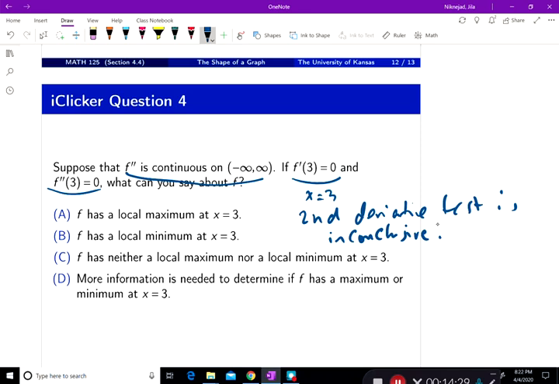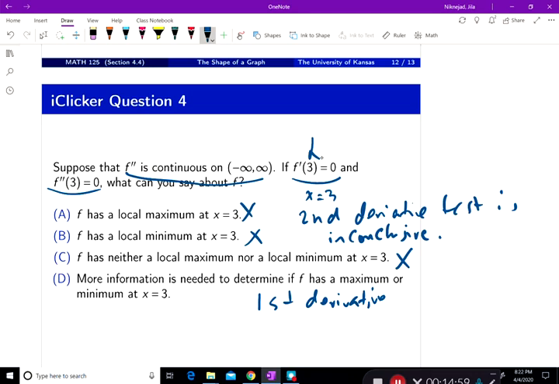And so the first one is a no, the second one is a no, the third one also a no. We just saw that some of them are not, and more information is needed to find if f has a maximum or minimum at x equal to 3. I need to use the first derivative test, and more information is needed to do it. It's not telling me anything besides at 3.